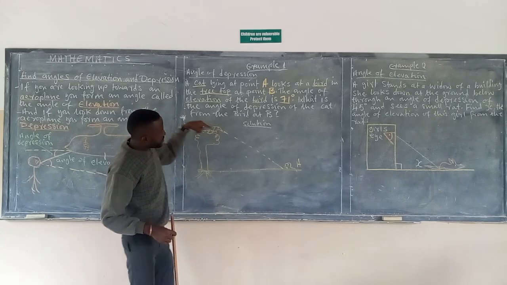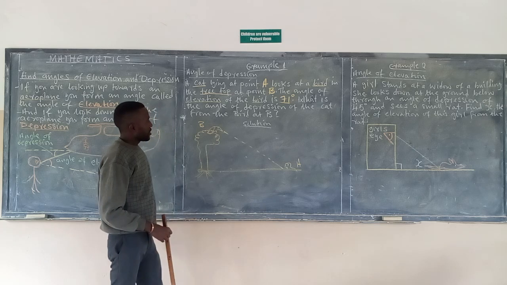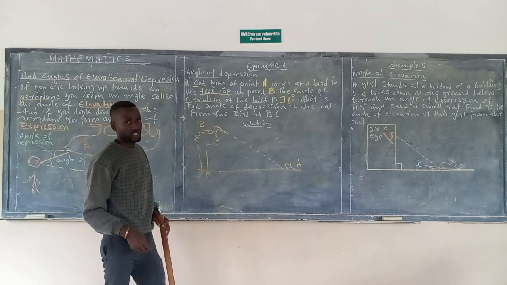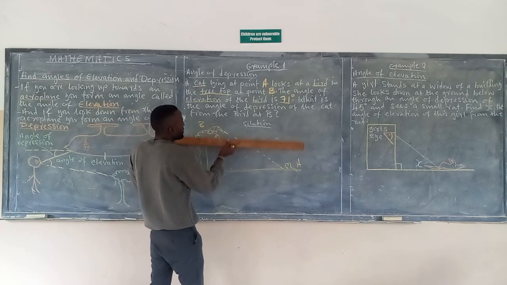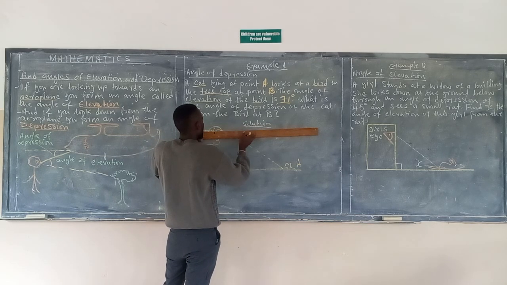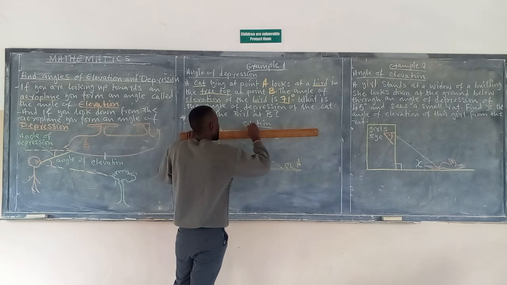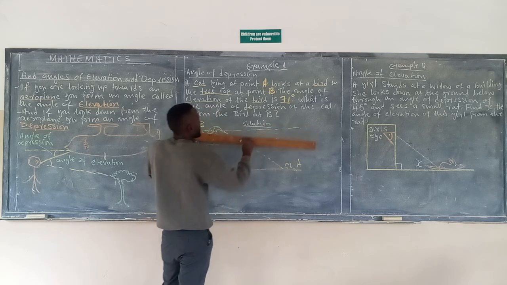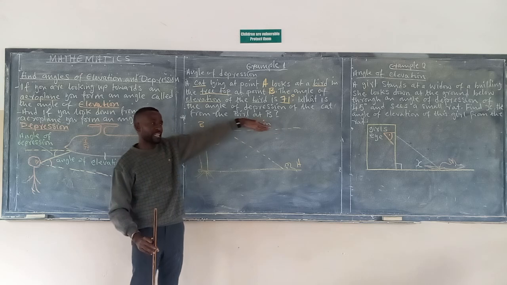So when the bird looks down where the cat is, then this bird forms an angle of depression and an angle of elevation. Remember, where the bird is, there is an invisible horizontal line from the contact of the bird, where it looks. In other words, the bird is on this line.